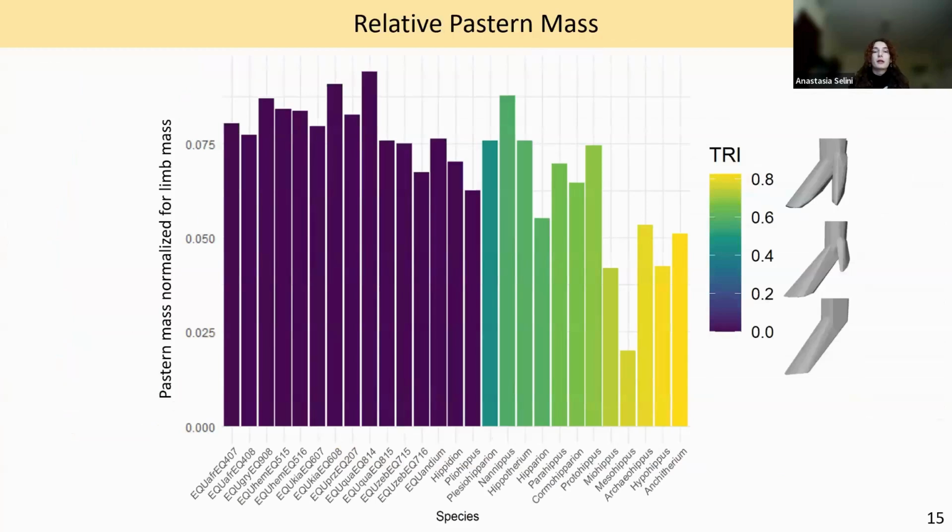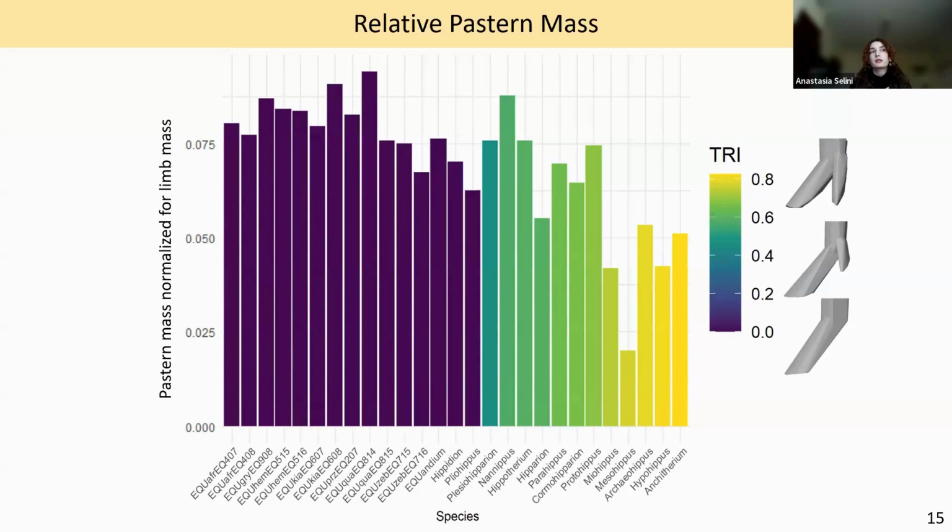We also compared the relative pastern mass between monodactyl and tridactyl liquids, and we didn't see significant differences between the two groups. We also saw an overall increased relative pastern mass in monodactyl liquids compared to earlier highly tridactyl forms.